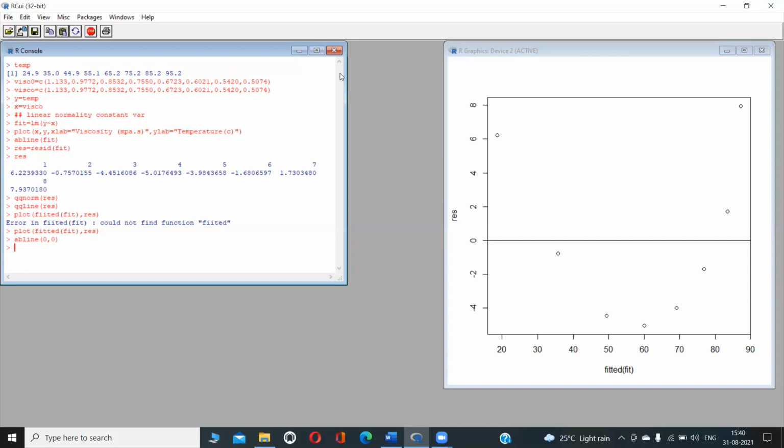These are just a waste of time. So in your colleges, in your projects and in your research papers, if you're applying regression analysis, always cross-check your assumptions and check whether your data is following those assumptions or not.